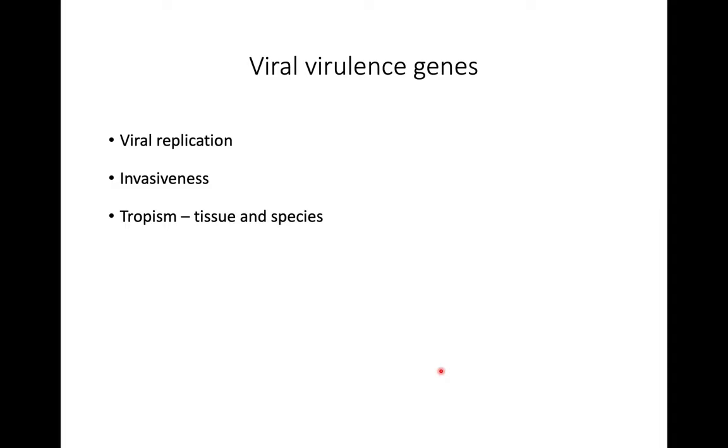Tropism, again, so we can have tissue-specific tropism or species-specific tropism. And these are related to virulence. So we only see neurovirulence in viruses that are capable of infecting some sort of CNS cells or other neurons throughout the body.